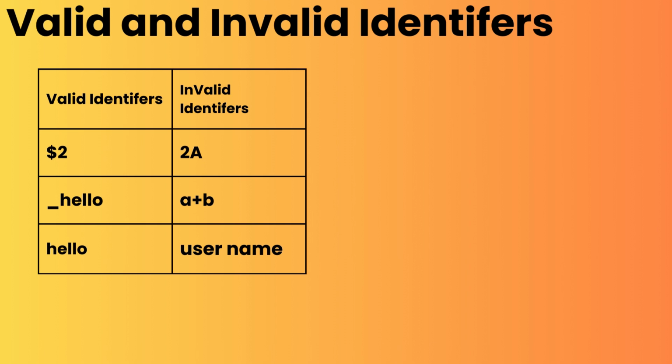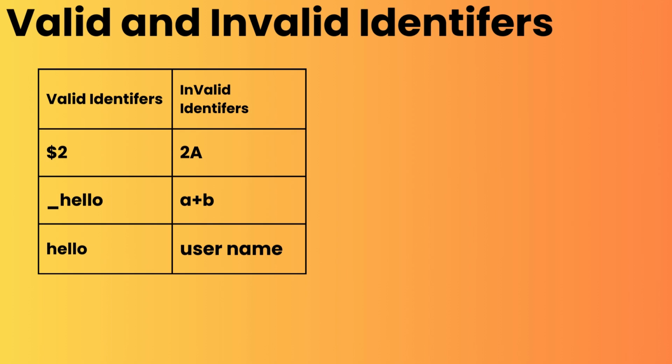In the first line we can see $2, which is valid because the identifier starts with a dollar symbol. Also underscore hello is allowed in the second line. And in the third line we can see it starts with an alphabet, hello.